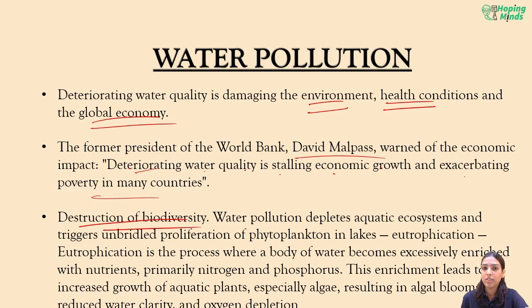Destruction of biodiversity, the impact of water pollution on biodiversity. Water pollution depletes aquatic ecosystems, like we just studied, because the temperature of water increases. It depletes ecosystems and triggers an unbridled proliferation of phytoplanktons in lakes, which is eutrophication.